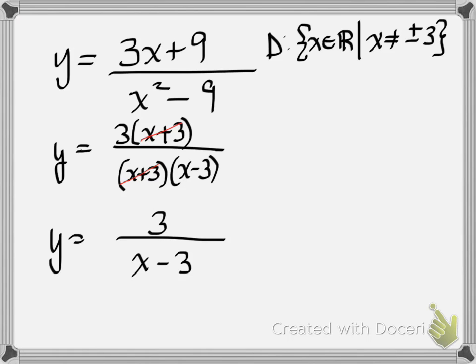Well, how does that affect our restrictions? Folks, the restrictions stayed the same because this is not our original function. It's a simplified version. Our original function is up here. So, this simplified version means that x equals 3 is still a vertical asymptote, but at -3, we plug it into here and we find out that the value is not some undefined number anymore.